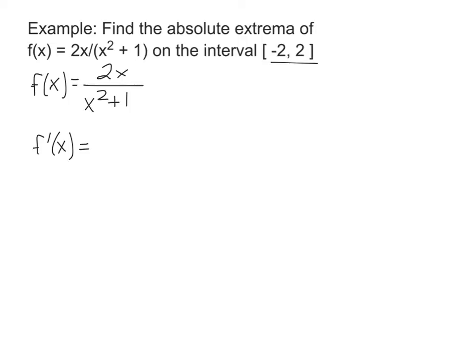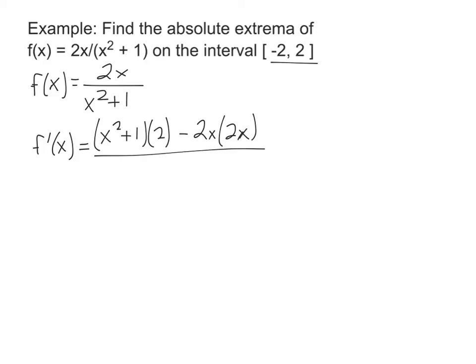Good practice. Ready, go. Okay, so we have a quotient here, a division problem. So we're going to have to use our quotient rule. Low d high minus high d low. Derivative of x squared plus 1 would be 2x. All over low low, x squared plus 1 quantity squared.